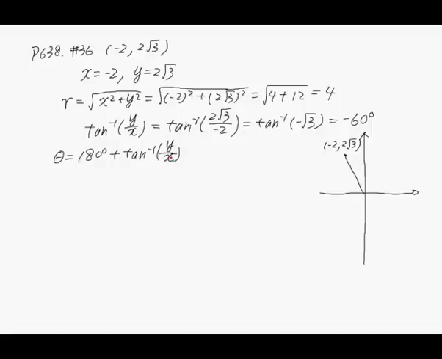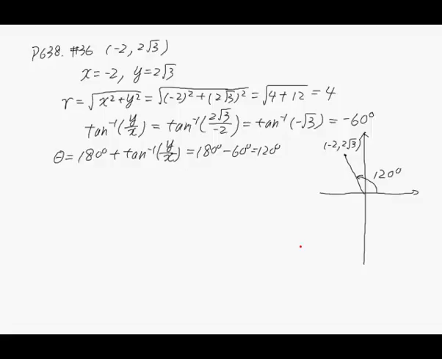We do so because we always take r to be a positive number when we convert from rectangular coordinates to polar coordinates. So now this is 180 degrees minus 60 degrees, and it's equal to 120 degrees. So actually, this angle is equal to 120 degrees.